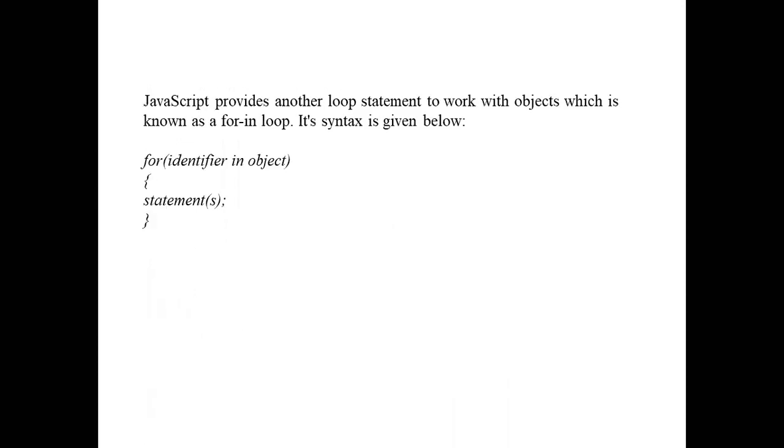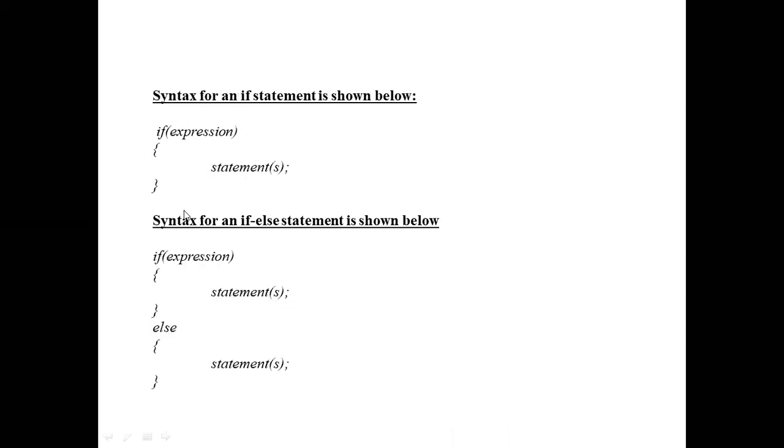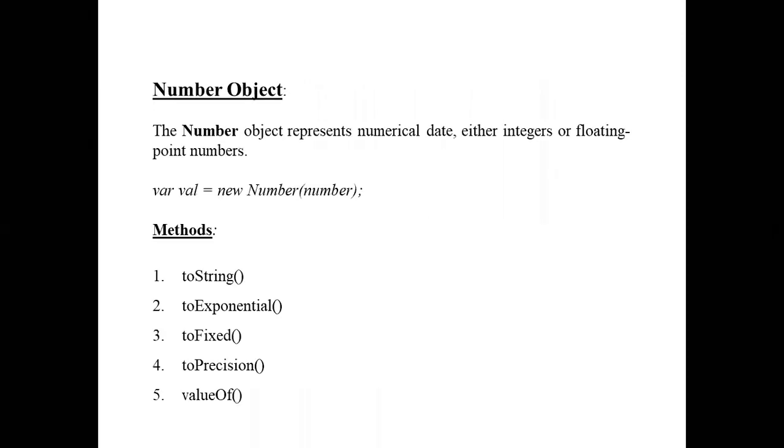Next, the for in loop. JavaScript provides another loop statement to work with objects, which is known as the for in loop. The syntax is for identifier in object, statements. We discussed an example of this for in loop already in the objects topic.